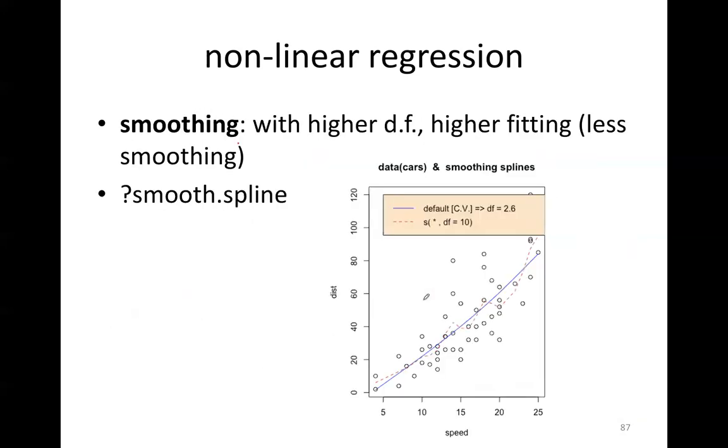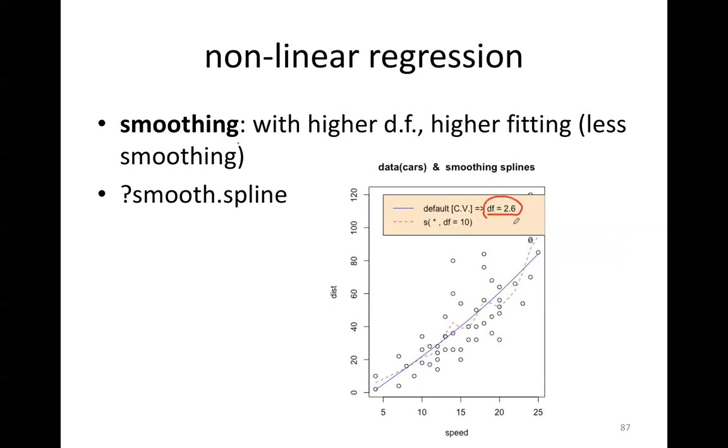But then, many functions have a parameter that you can play with for the smoothing, and here is an example from R: the speed and some distance with some other variable, and this is the original data with degrees of freedom 2.6.